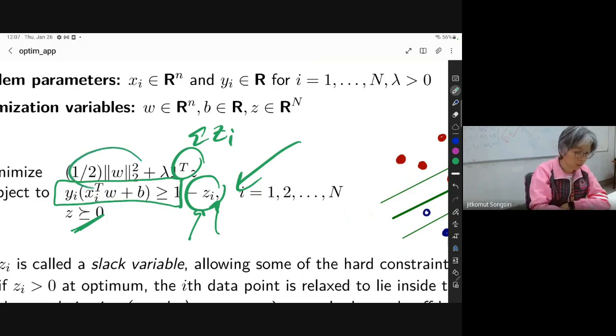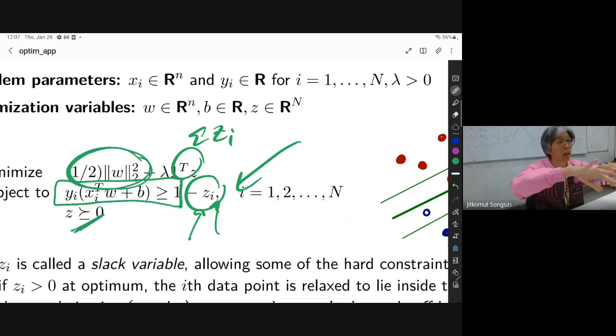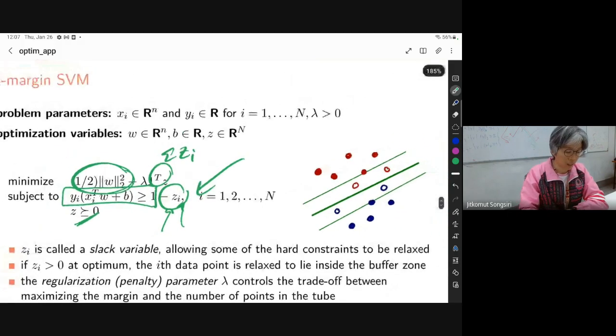The very first meaning is still kept, that you want to enlarge the margin, but at the same time you know the classifier will not be perfect, so you minimize the sum of Zi as well.